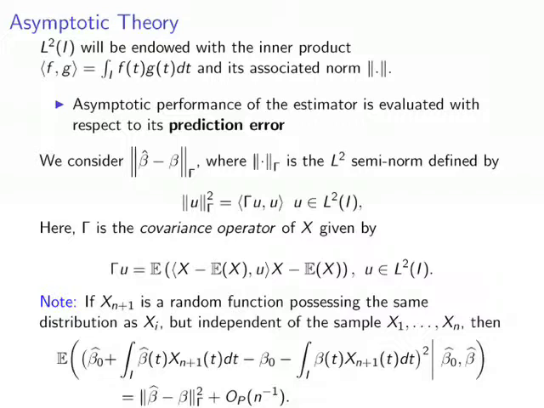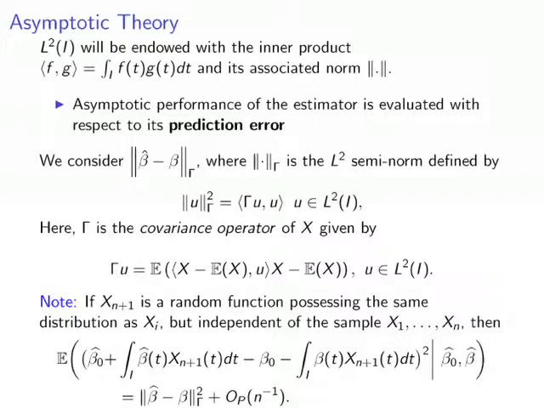And you can easily see that this difference, if xn plus 1 is a random function possessing the same distribution as xi but independent of the sample, gives the following prediction error. If you have a new random function and you want to see how well it predicts, what is the difference between beta hat 0 plus the integral of beta hat times xn plus 1, minus the same expression with the true parameters?